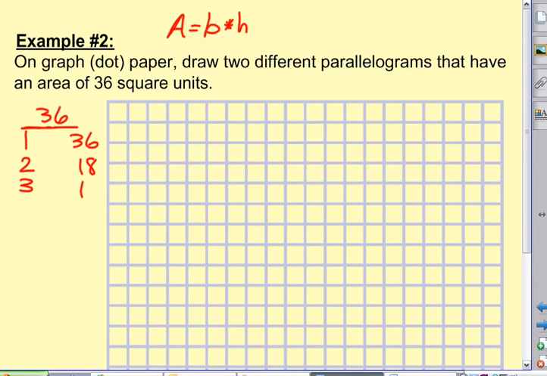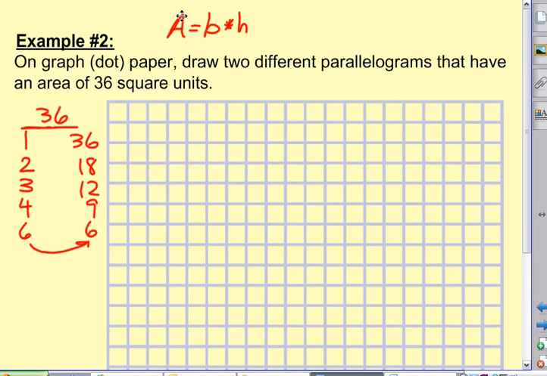Yes. 12 times. Does 4 go into it? Yep. 9 times. Does 5 go into it? No. What about 6? Yes. How many times? 6. Once these two numbers either equal each other or match up, I can stop. These are all the pairs that give me 36.